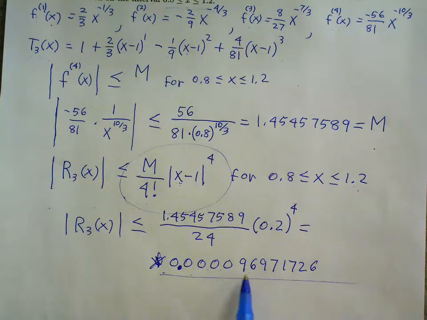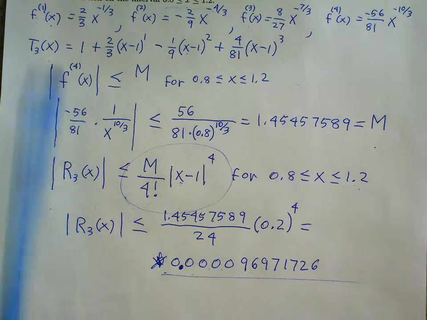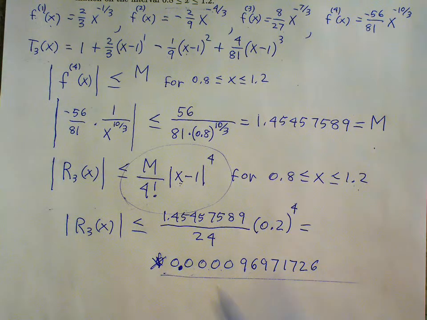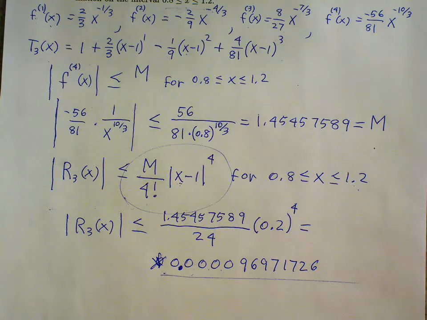So 0.000096 and so on. That's how accurately the third degree Taylor polynomial approximates f of x on the interval from 0.8 to 1.2. So that's a pretty good approximation.